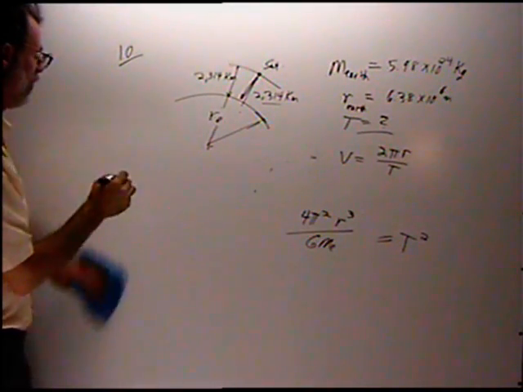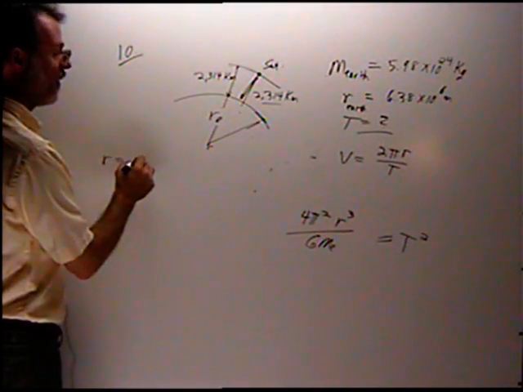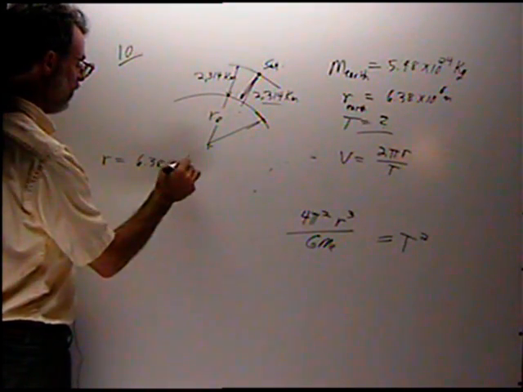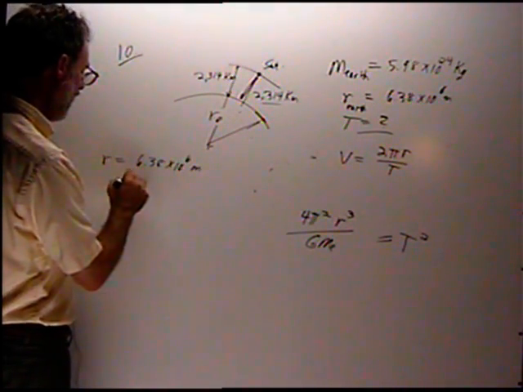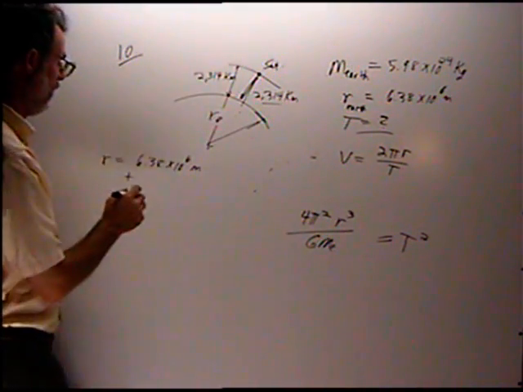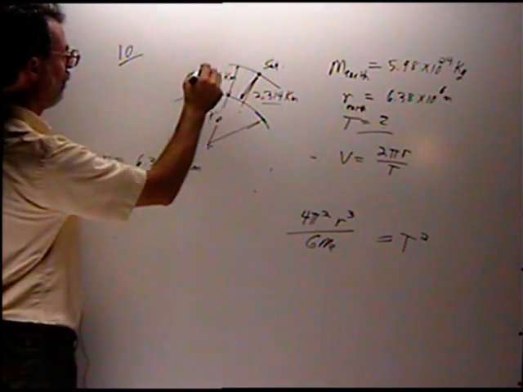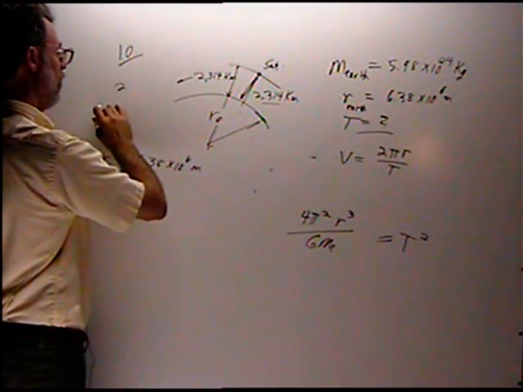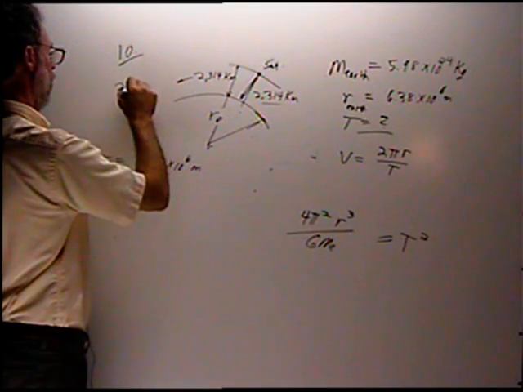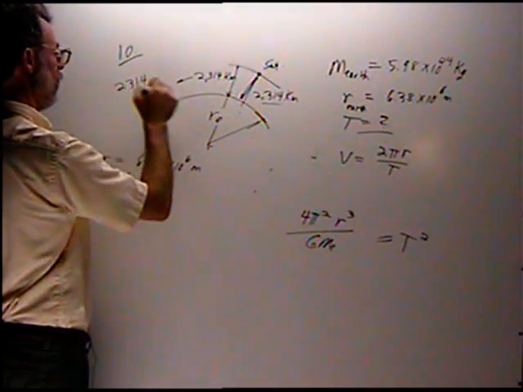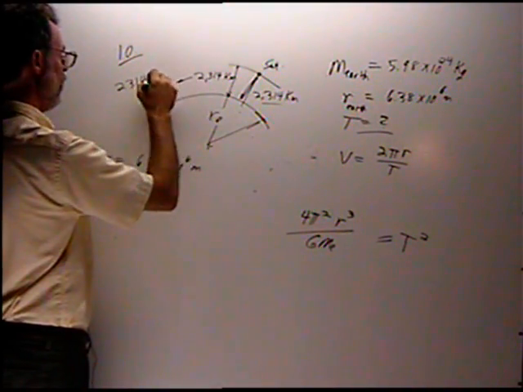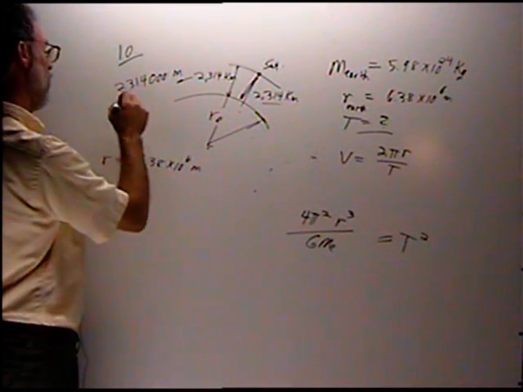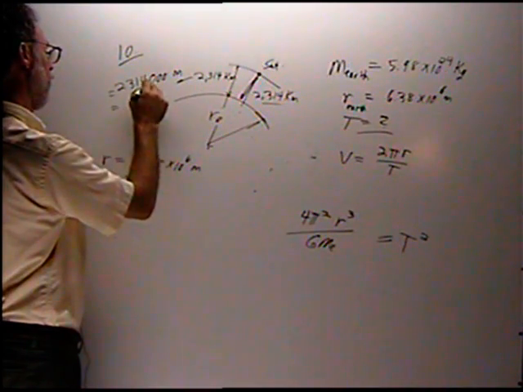So the actual radius we're dealing with here is 6.38 times 10 to the 6 meters, and we have to add to that this, which is 2,314, and we have to add 3 more zeros, 0, 0, 0, to put it into meters.